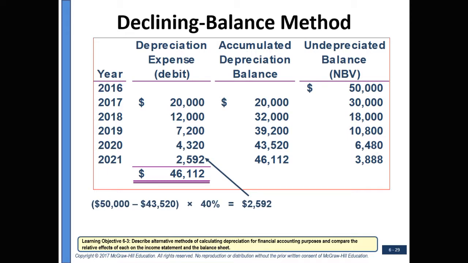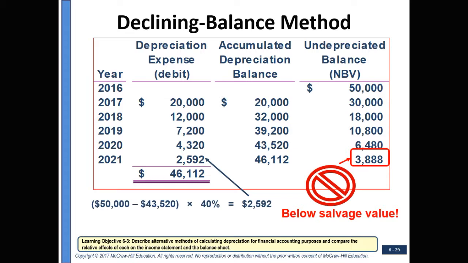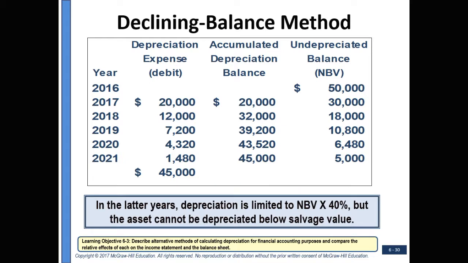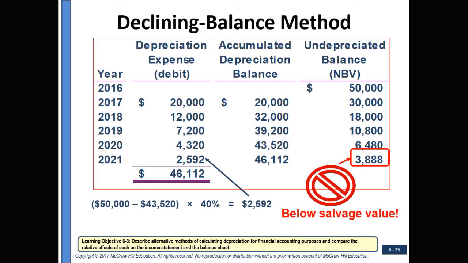Salvage value is not deducted from the undepreciated balance to calculate the depreciation expense. You must be careful when depreciating not to depreciate the asset below the salvage value. In year 2021, the calculated depreciation expense equals $2,592, as you see here.